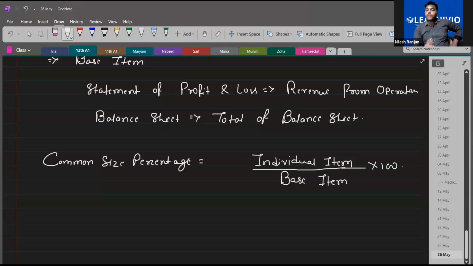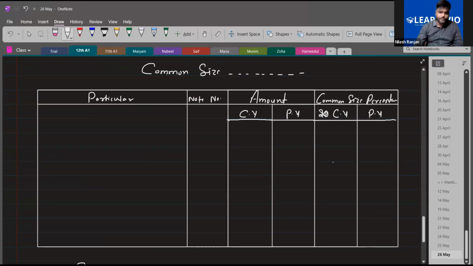So you have to convert the base item also into percentage. Like revenue from operation is the base item, so it will always be 100%. So you have to convert that also. Please write this format.